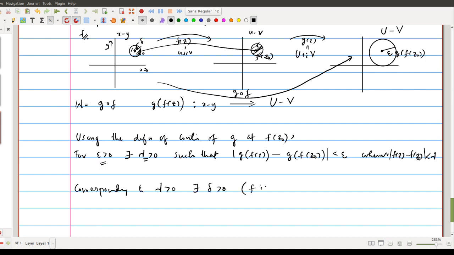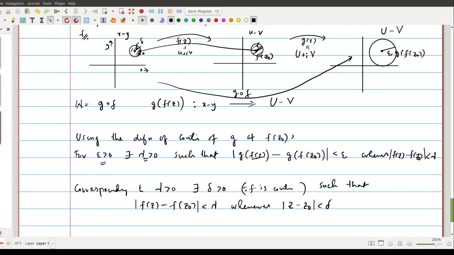This is because of continuity of f: you can get this delta such that modulus of f of z minus f of z0 is less than gamma whenever mod z minus z0 is less than delta. So whenever z belongs to this disk, the image is in the gamma disk.